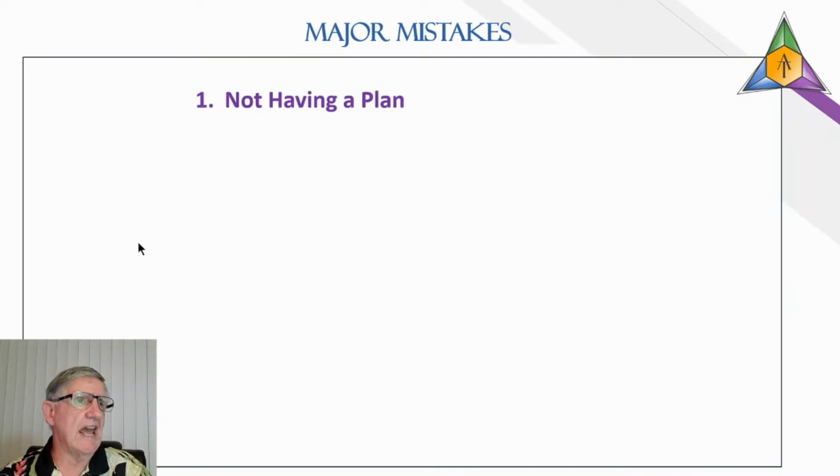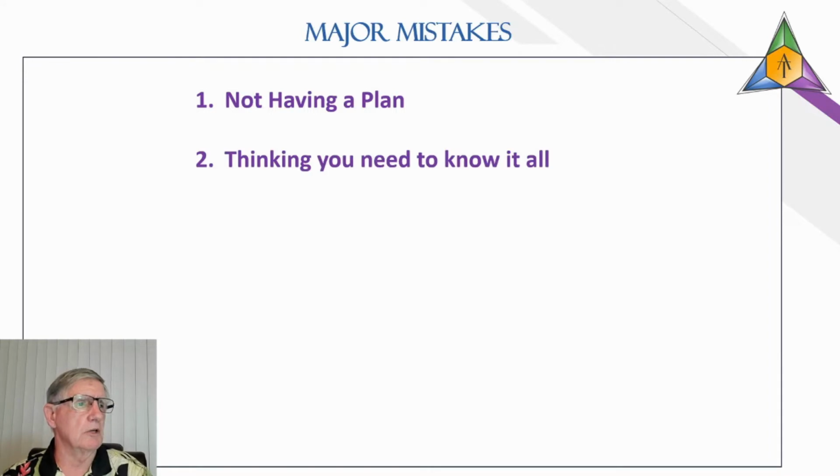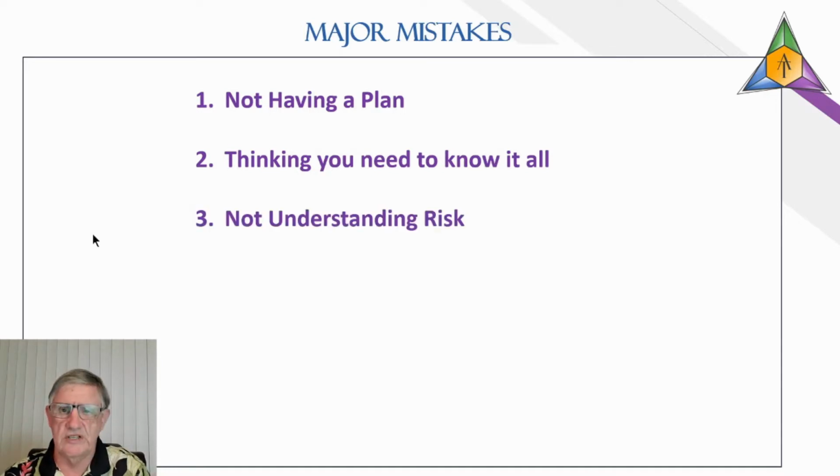So let's take a look at the major mistakes that beginning traders make, and even traders who've traded for a while. Number 1, not having a plan. Number 2, thinking you need to know it all. Number 3, not understanding the concept of risk.